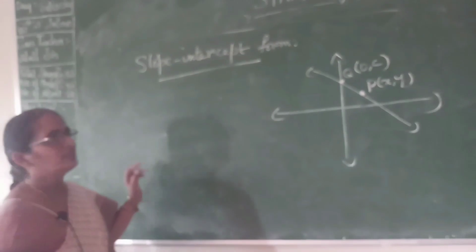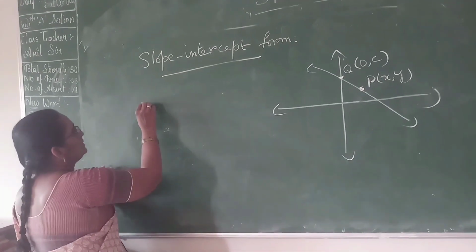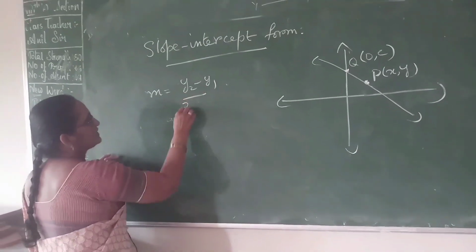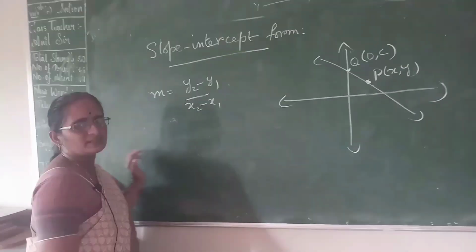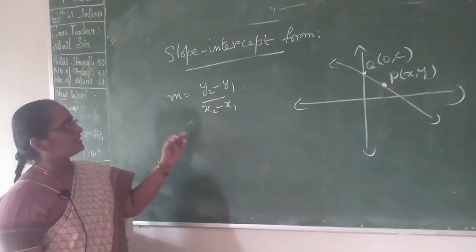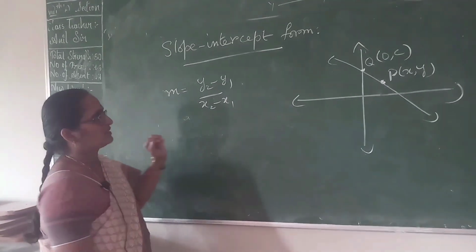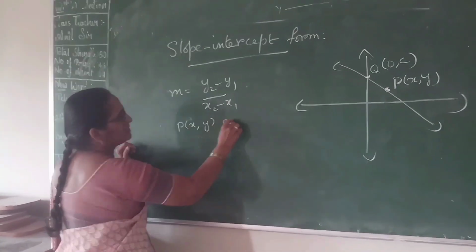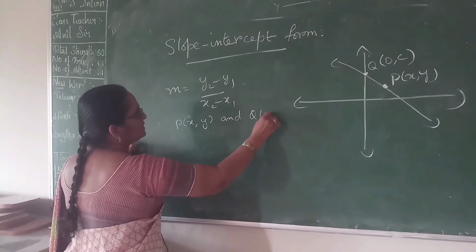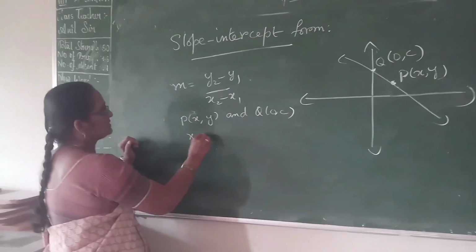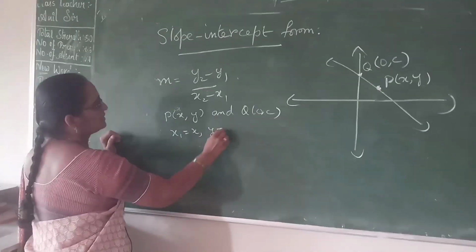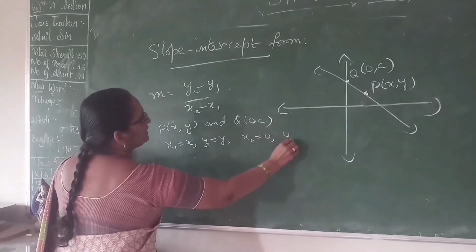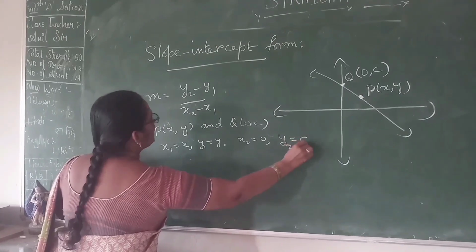As you know, we have one formula for the slope of a line, that is m is equal to y2 minus y1 by x2 minus x1, which you have earlier read in 10th class. When we consider P of x comma y and Q of 0 comma c, let us take x1 is equal to x, y1 equal to y, x2 is equal to 0 and y2 is equal to c, and use the formula.